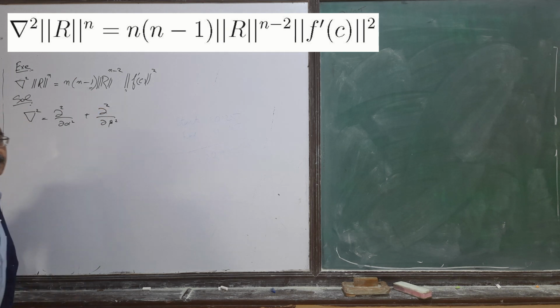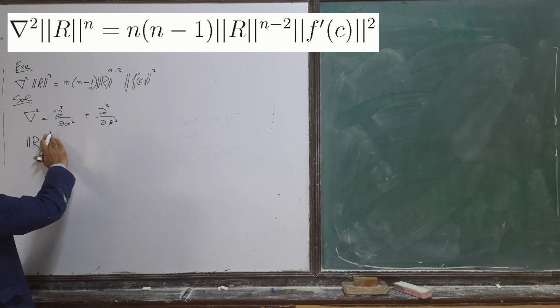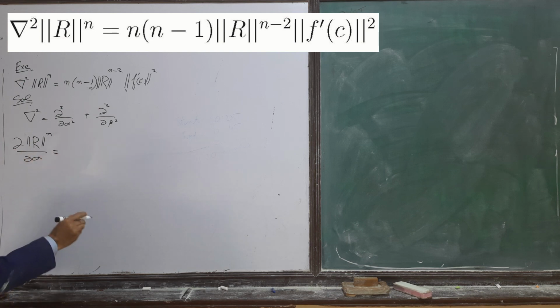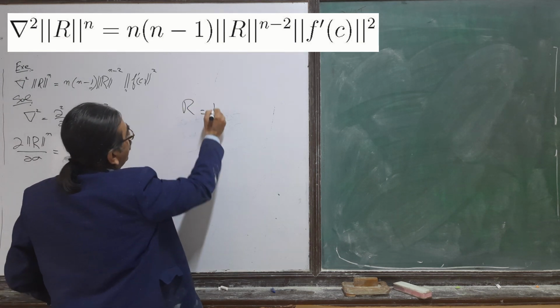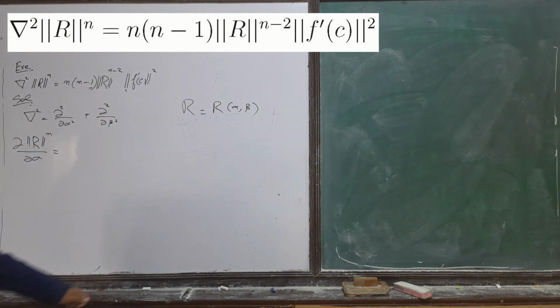Because a complex number is two dimensional, when we apply the first derivative, r is actually a function of alpha and beta, both are two variables.